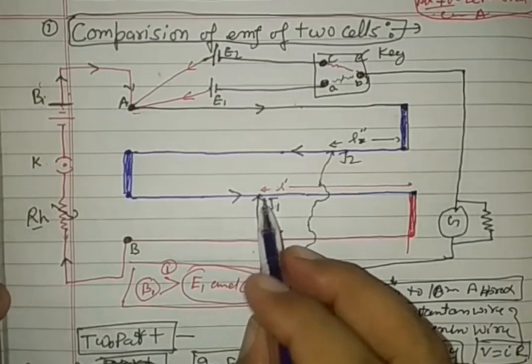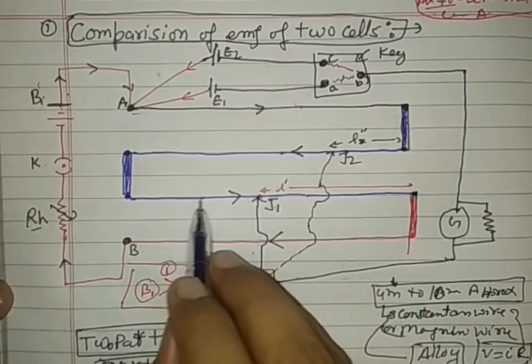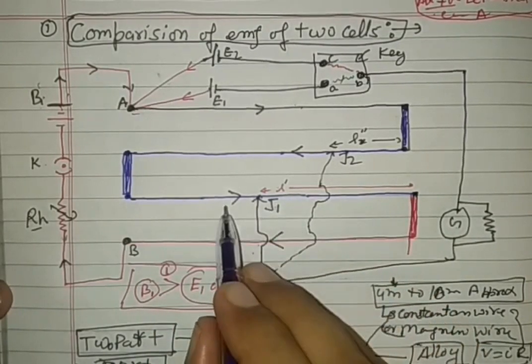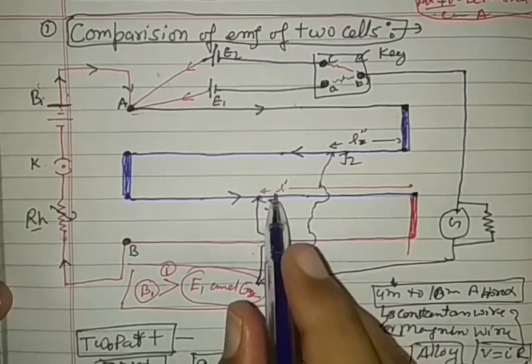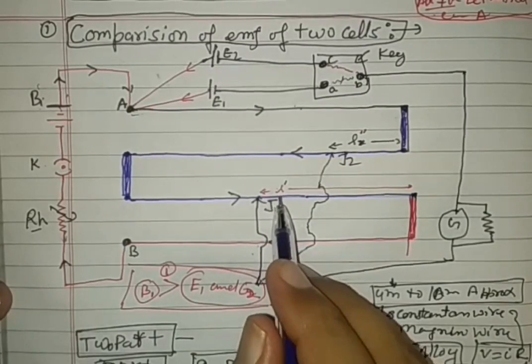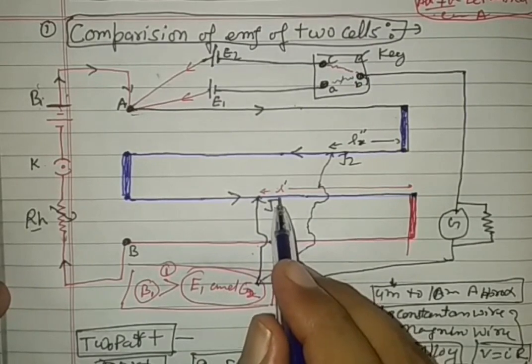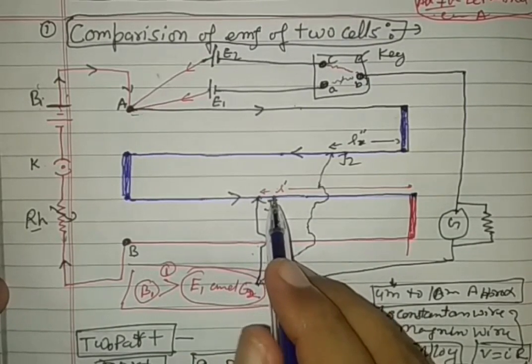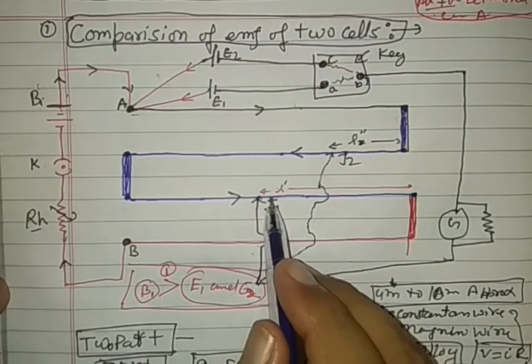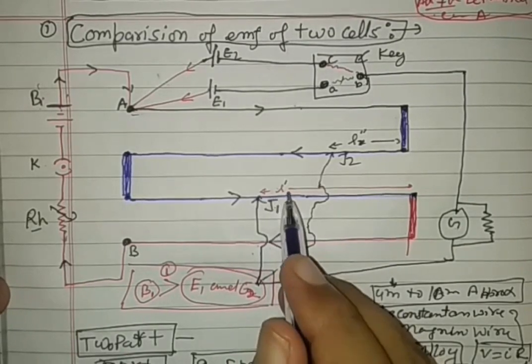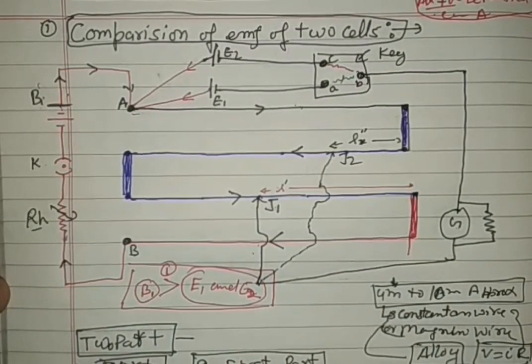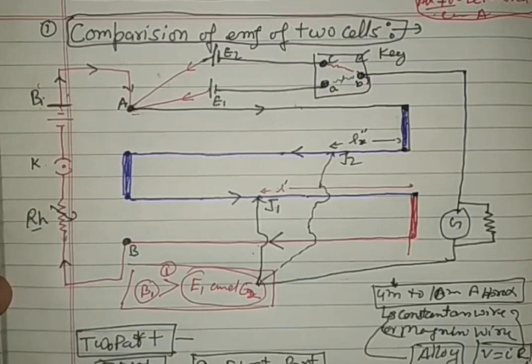And the last precaution, the jockey which you slide over the potentiometer wire, please slide gently, do not rub. If you scratch it, the diameter will change, and in that condition the distribution of potential difference will change, then the reading will change. So these are the precautions. So this is for today. Thank you and have a nice day.